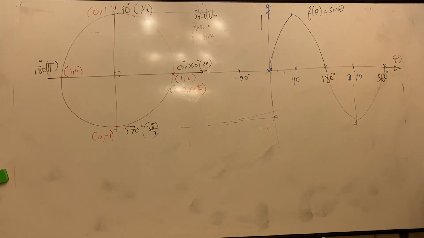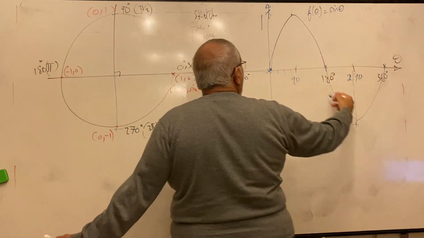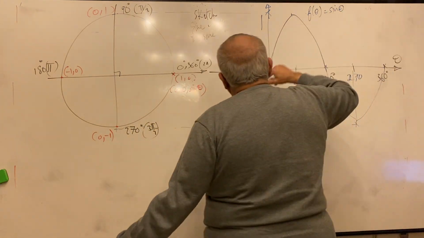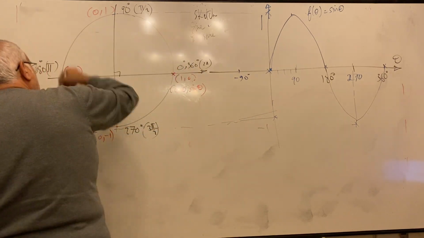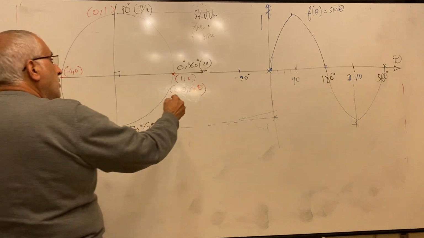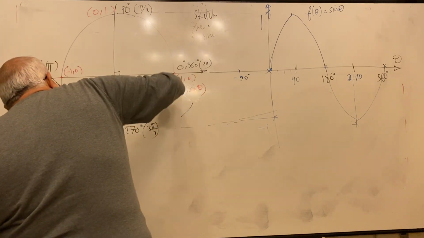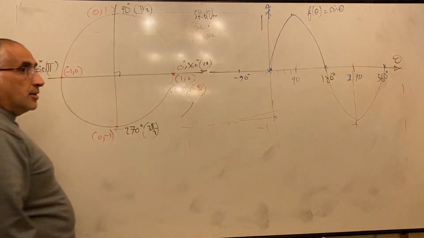It can go on and on, so this is called a periodic function. It keeps going that way, and can go backward, like the circle can rotate again and again. The more it rotates, the more it goes that way. If you go backwards, like going clockwise, then it will go this way, backward.